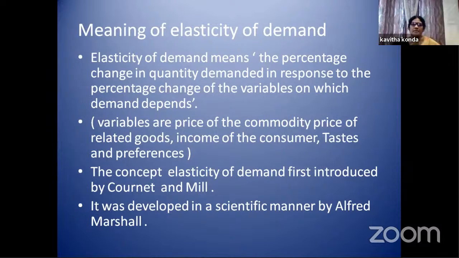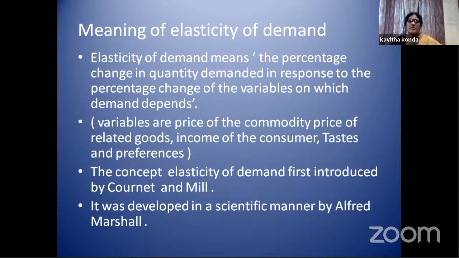Elasticity of demand means, until now we discussed that the change in the demand will be there because of the change in the prices, because of the determinants. What are the determinants? Prices, income, taste and preferences, substitution, and the complementary good prices, isn't it? At what percent the price changes, the demand is influenced by the change in the price.